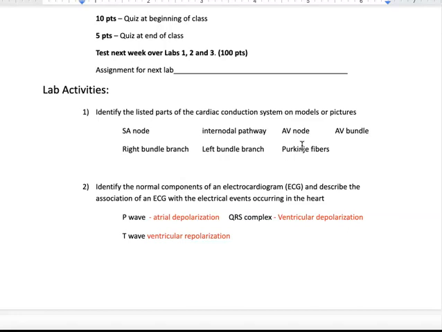Then it goes to the AV node, down the bundle branches through the Purkinje fibers. The ventricles will then depolarize. The cells will shorten, contract, and you will see that on an ECG or EKG because you're getting a change in electricity because you're getting the movement of those ions.